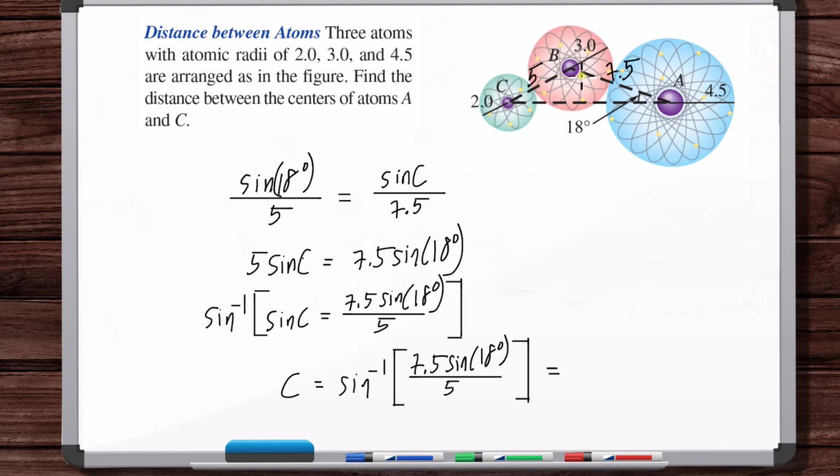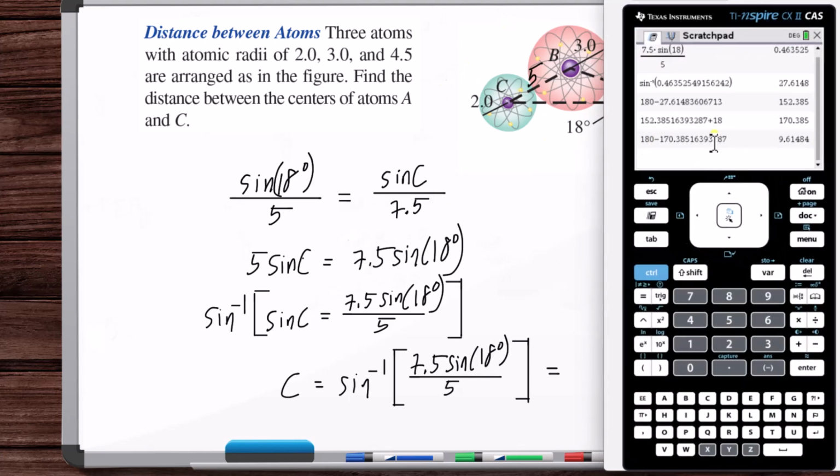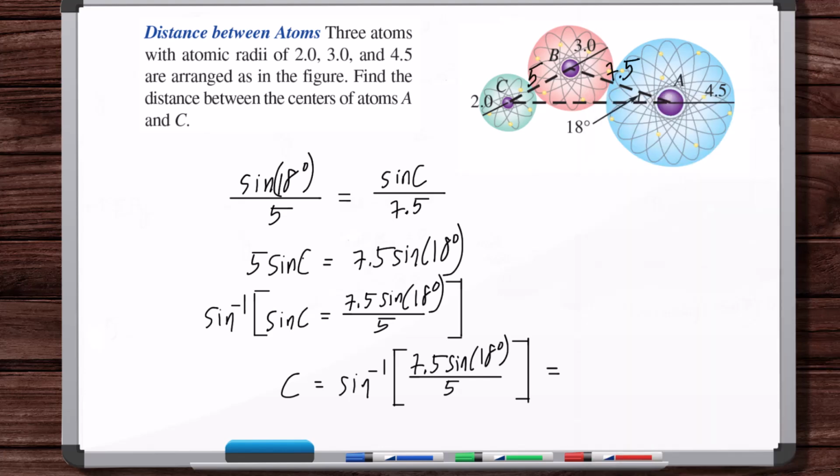There's no way this angle could be 9.6. Because even then, you can see that's less than this. So that means that this side length would be the shortest side length. That's not possible. So that is enough to say that we can eliminate this angle, and so angle C has to be this 27.6148.